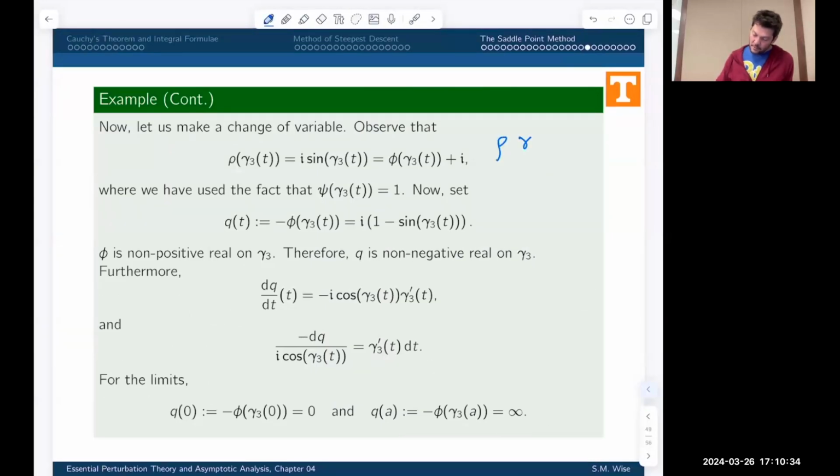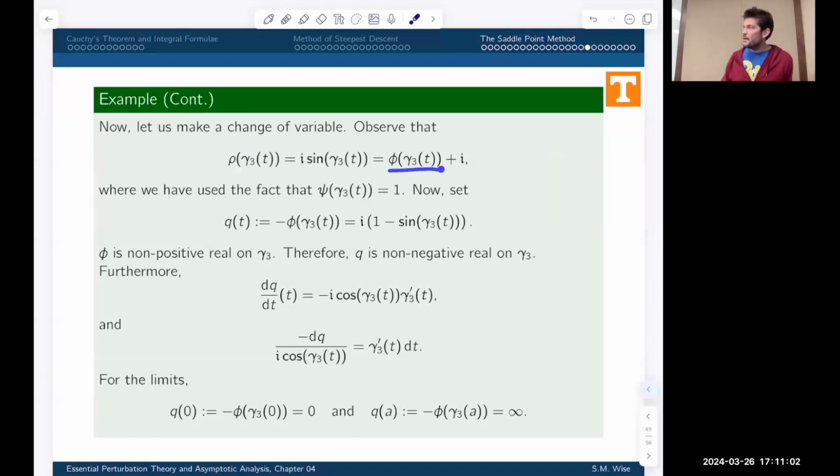So rho run along gamma 3 is going to give me an imaginary part, which is just 1, so that's I, and a real part, which I have written out right here. This part here is my real part, and my imaginary part has size 1.